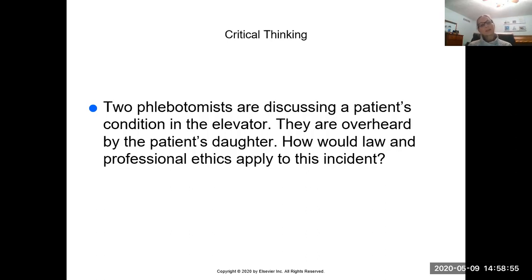All right, let's get back to this question. These phlebotomists are in the elevator talking about the patient and the condition, maybe the results of tests, maybe the person tested HIV positive, and the daughter is in there also and overhears this. What do you guys think could happen here? First of all, we've broken HIPAA, correct? We have to be careful not to discuss patient information because it can be overheard by anybody, but we shouldn't be doing it anyway.